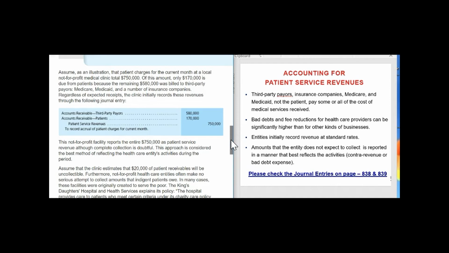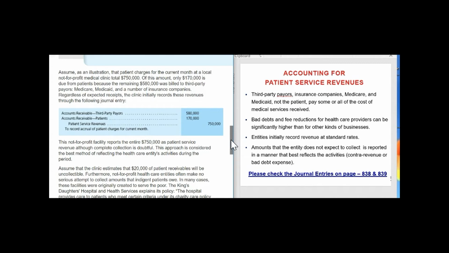That means it's some sort of doubtful account. So they transfer it as allowance for uncollectible accounts, and they will also record this as bad debt. And then when they get confirmation that it is actually not possible to collect those, they will show a contra revenue entry.